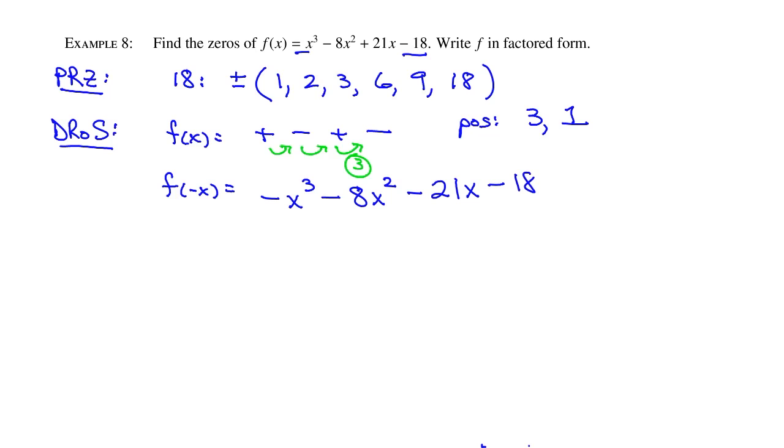And the 18 is technically an even power. It's x to the 0 power. And so it's going to stay negative. Looking at the signs here, we have negative, negative, negative, negative. That is 0 sign changes. So we have no sign changes for the negatives, which means for the negatives, there are 0 roots.